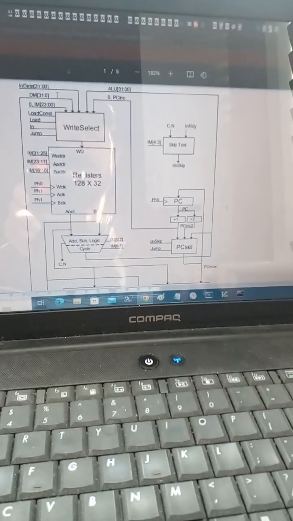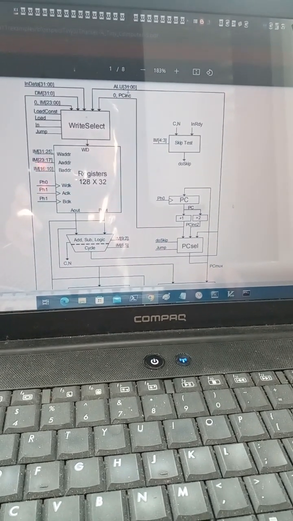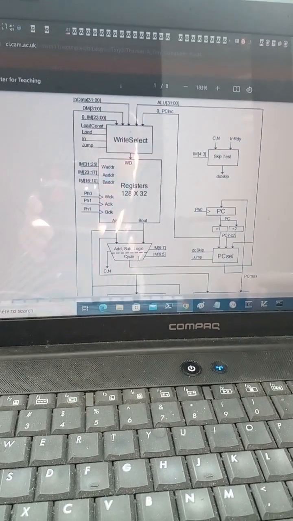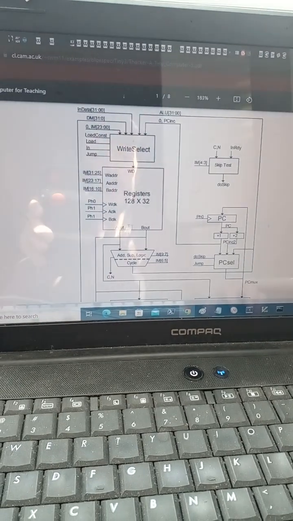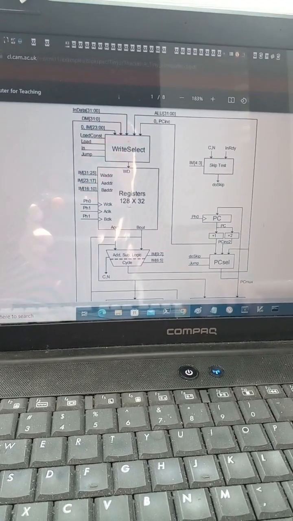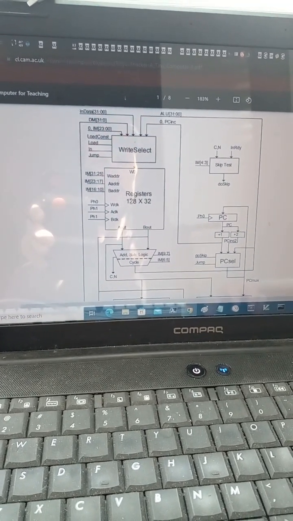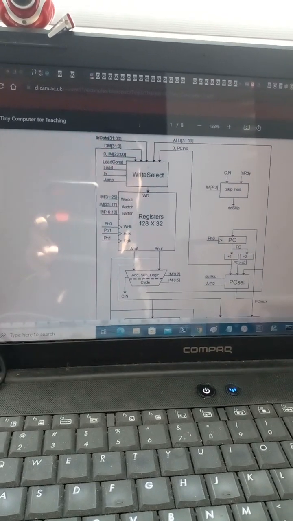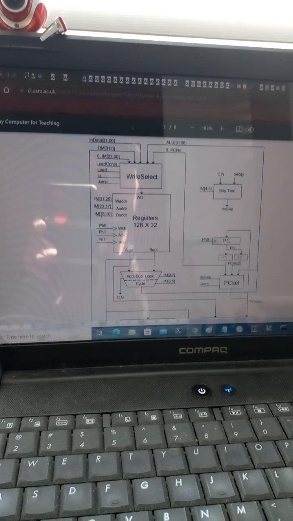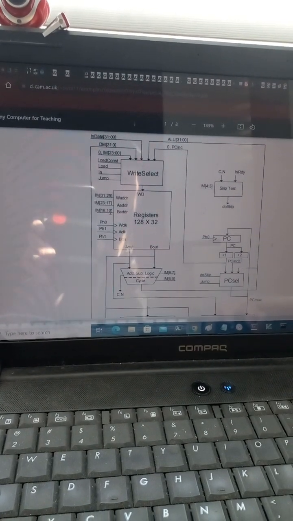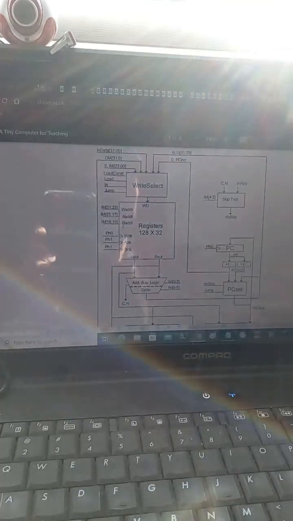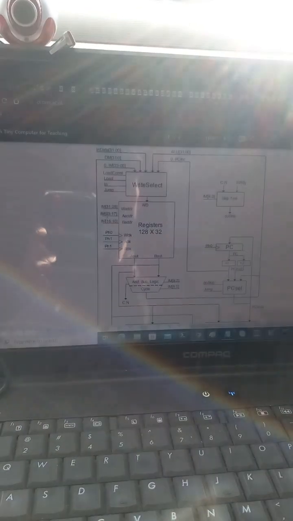It has an ALU, some sort of bus coming from here. A block of memory, a high-speed memory, so you get register addresses and write addresses.